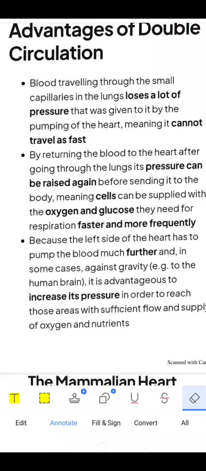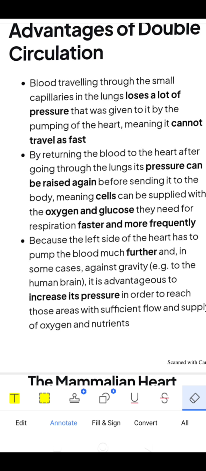And which thing ensures the frequent blood supply in mammals? That is double circulation, because the heart is pumping blood efficiently. It has four chambers, and every chamber is working efficiently, and it is receiving the blood two times.